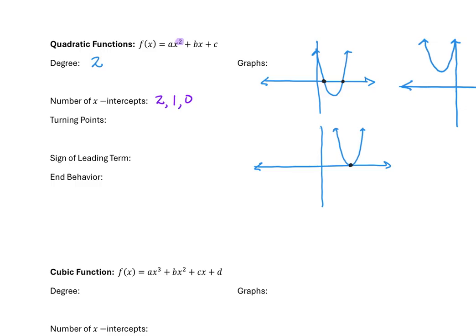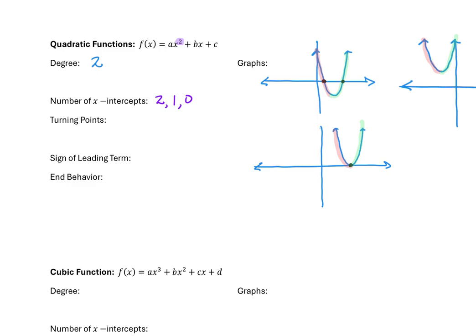We want to know how many turning points we have. Remember, a turning point is where the graph goes from increasing to decreasing or vice versa. If we look at all of these graphs, we have a function decreasing down to the vertex, and then it turns back around and is increasing away from the vertex.